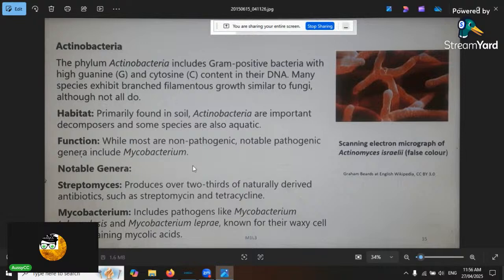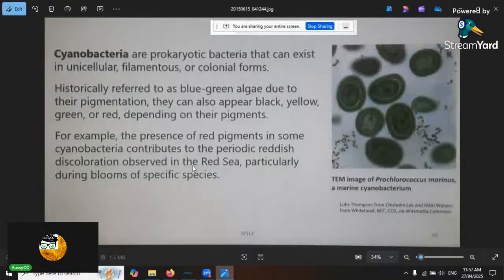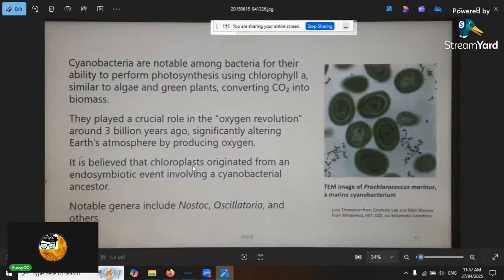Bacteria. Streptolysis. Microbes. Cyanobacteria, they're cool. Yeah. Marine cyanobacteria. I'd batch culture this.